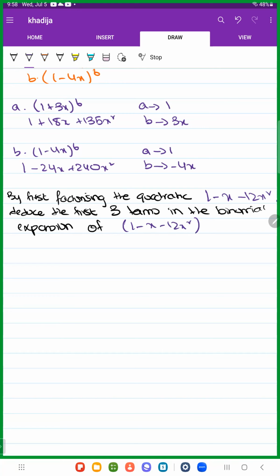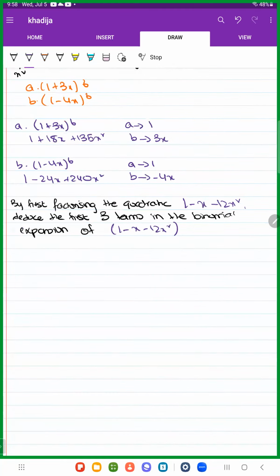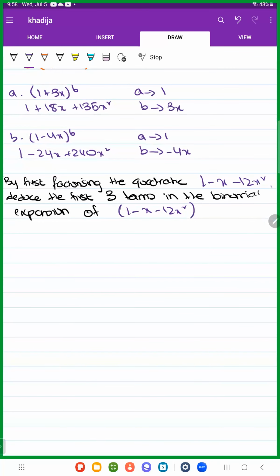Look at the next question. This is the next part of the same question. It's saying by first factorizing the quadratic, this is the quadratic they've given you, deduce the first three terms in the binomial expansion of this. It has a power of 6. It's the same thing as we did previously, but first you need to factorize it.